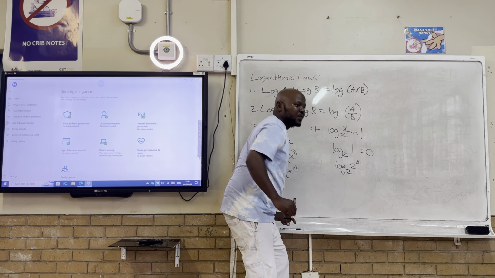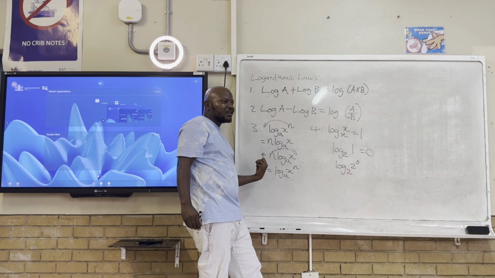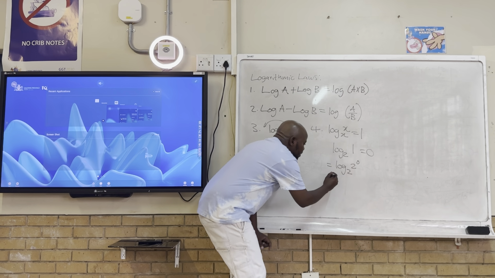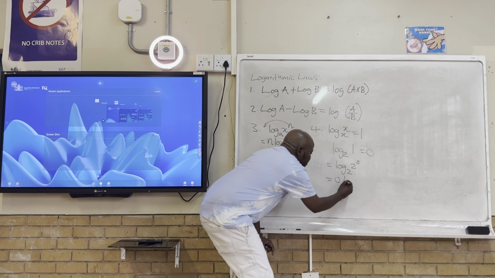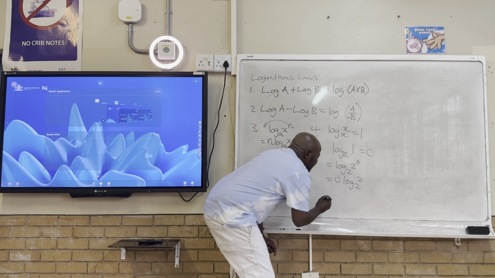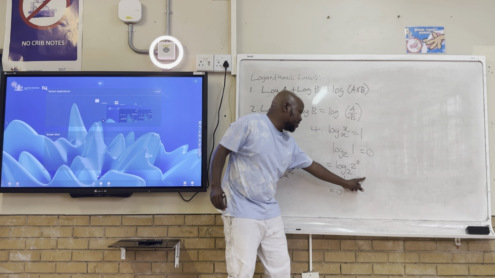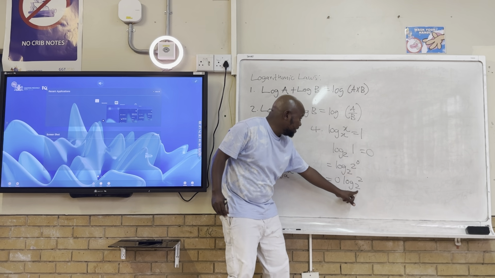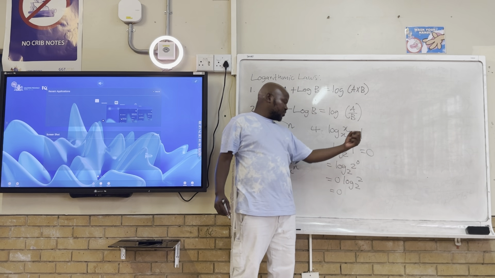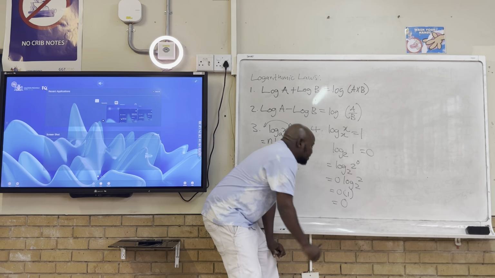Because of this law, we can move the exponent to the front, which is 0 times log of 2 base 2. And we remember that log of the same amount as the base is equal to 1, so 0 multiplied by 1 is 0.